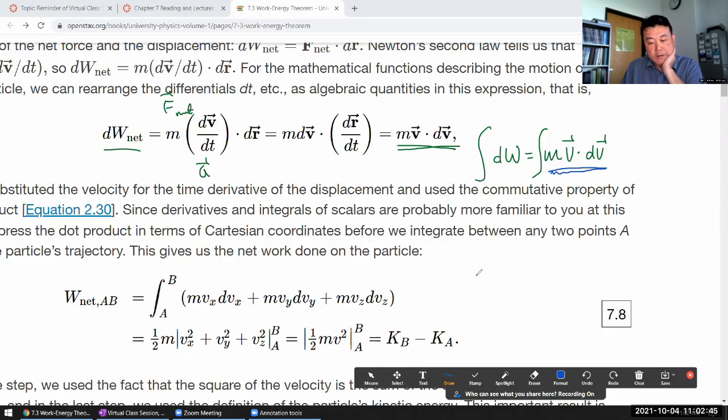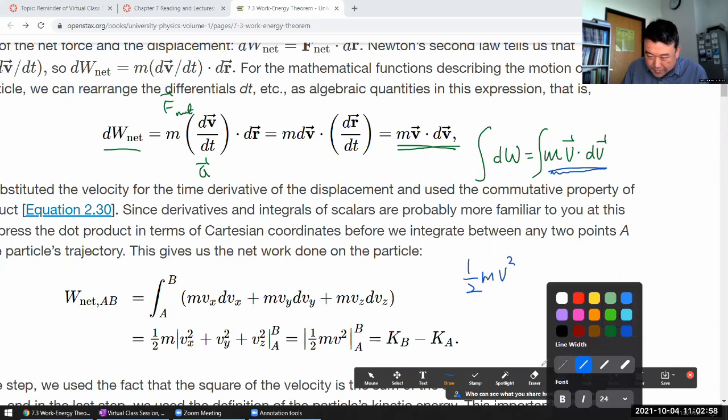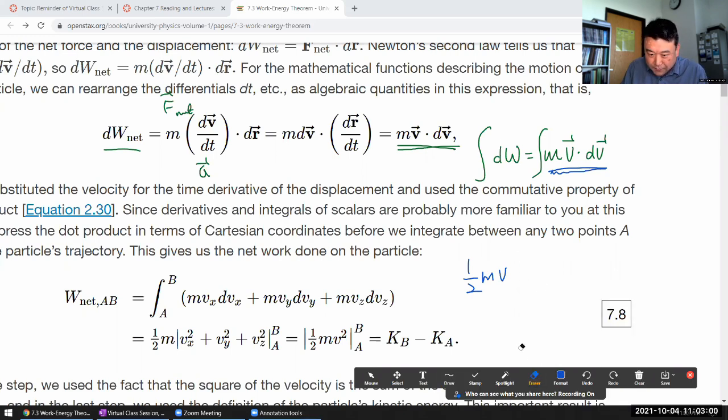So if I have 1/2 m v squared, where v squared means, actually, I think I can even do this. While I'm abusing my notations, let me be even more thorough in that abuse. So let's say this is my guess for the antiderivative of that.